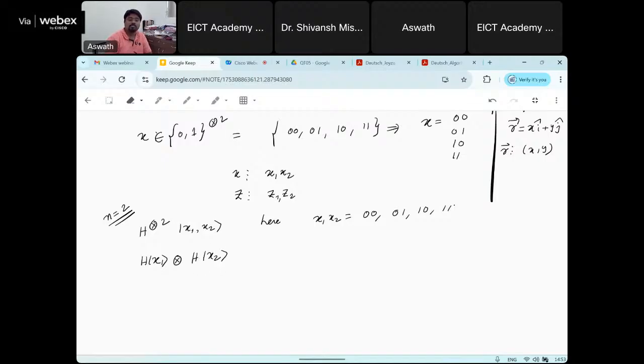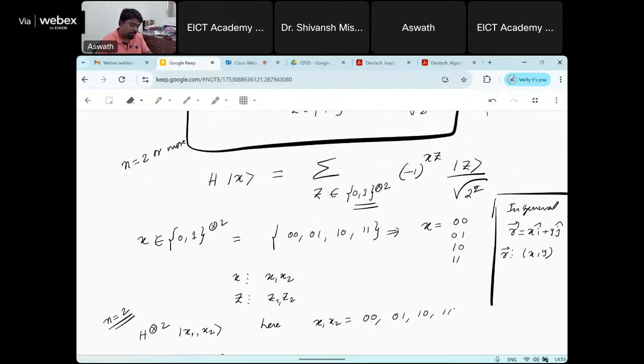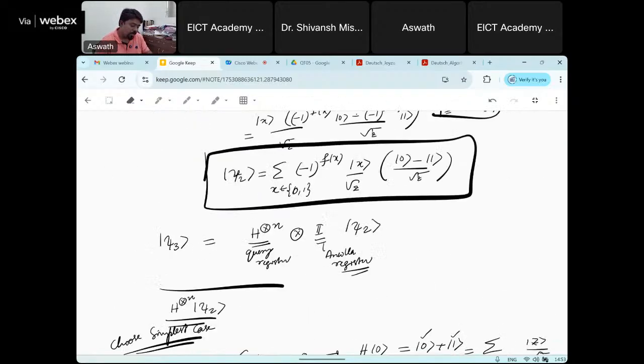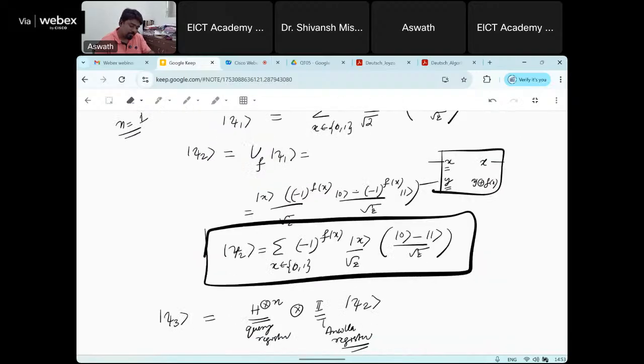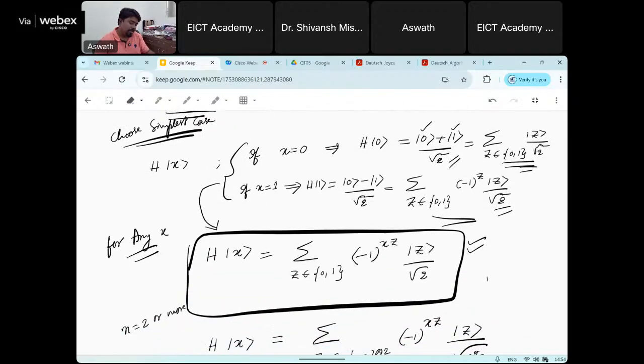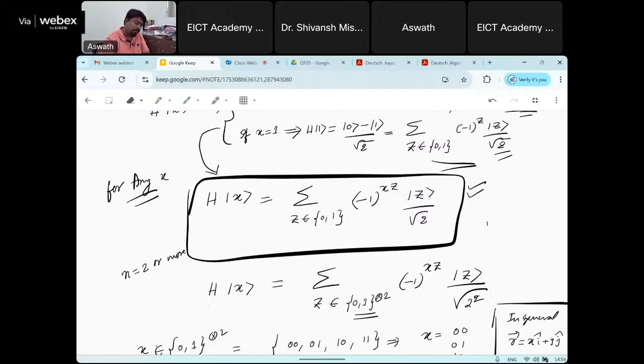As we know, H acting on x gives me this thing, when x is a single input or single argument value.